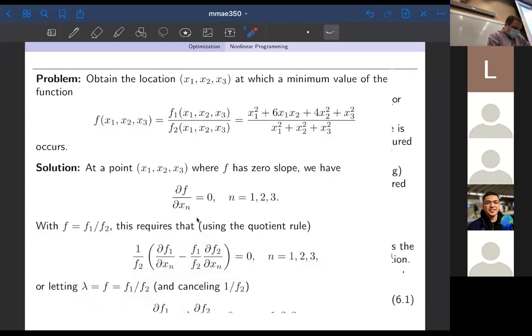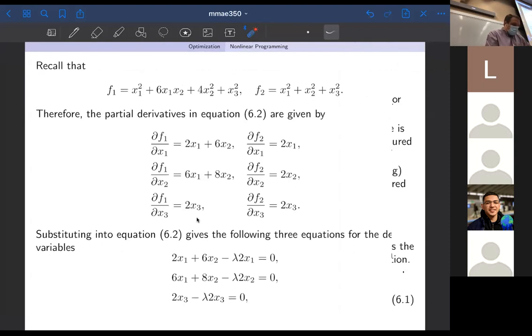Okay, so I just have to take the partial derivative of f1 with x2, f1 being the numerator, x1, x2, x3, and then the partial derivative of the denominator, f2, with x1, x2, x3, fine. And that's going to give me a bunch of equations. It turns out to be a system of 3 equations for my 3 unknowns, x1, x2, and x3.